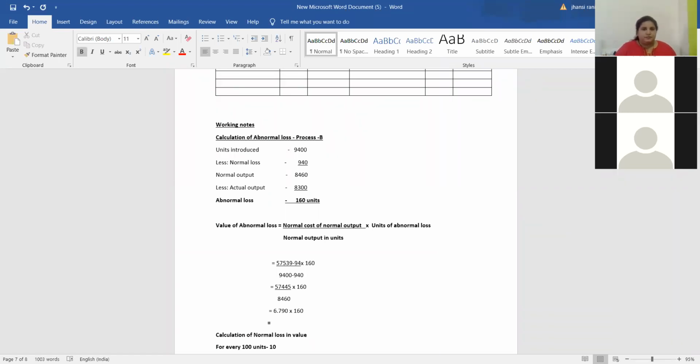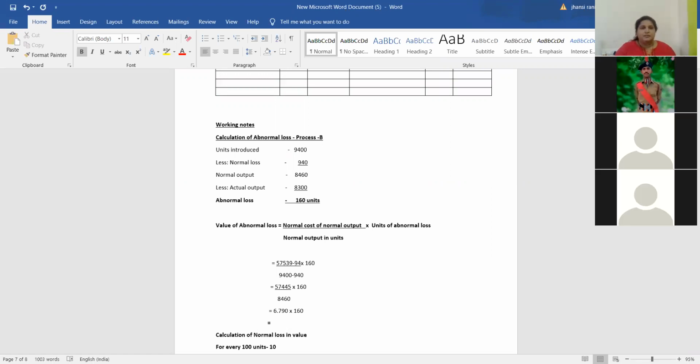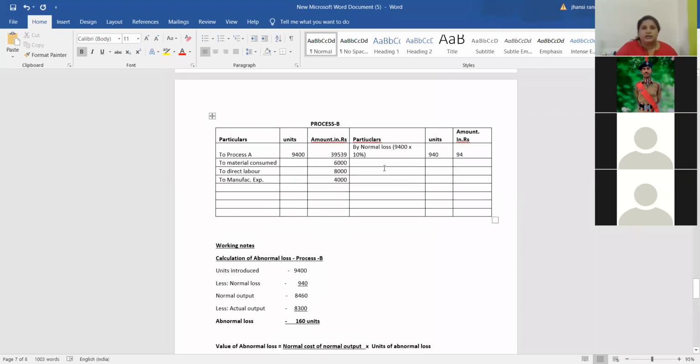It is coming to 1,086. So the abnormal loss is 1,086. I'll come over here and write by abnormal loss: in units, it is 160 units, and in amount, it is 1,086. Now this we have to transfer to finished product.